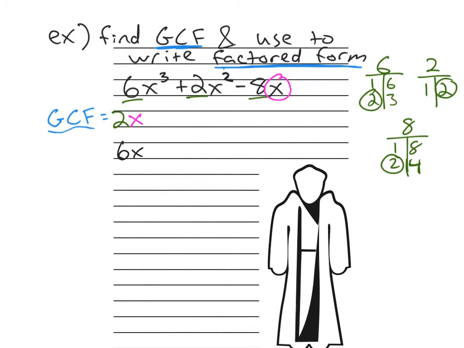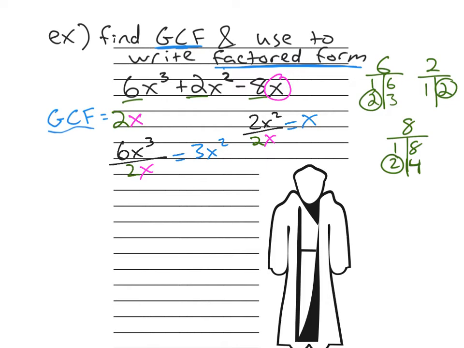So 6x to the third divided by 2x. What does that equal? 3x squared. Okay. Next one, 2x squared divided by our GCF of 2x equals x.